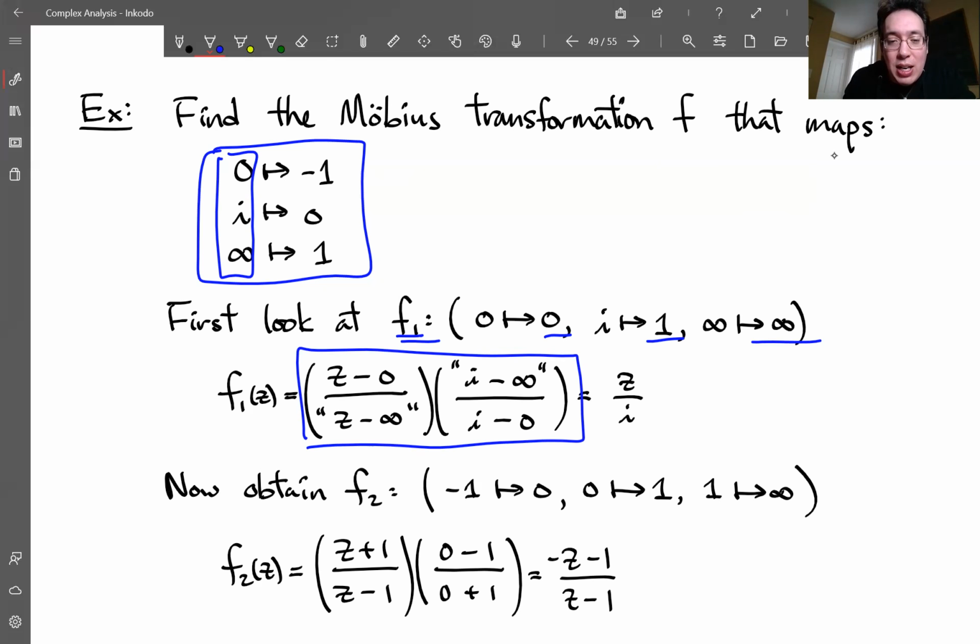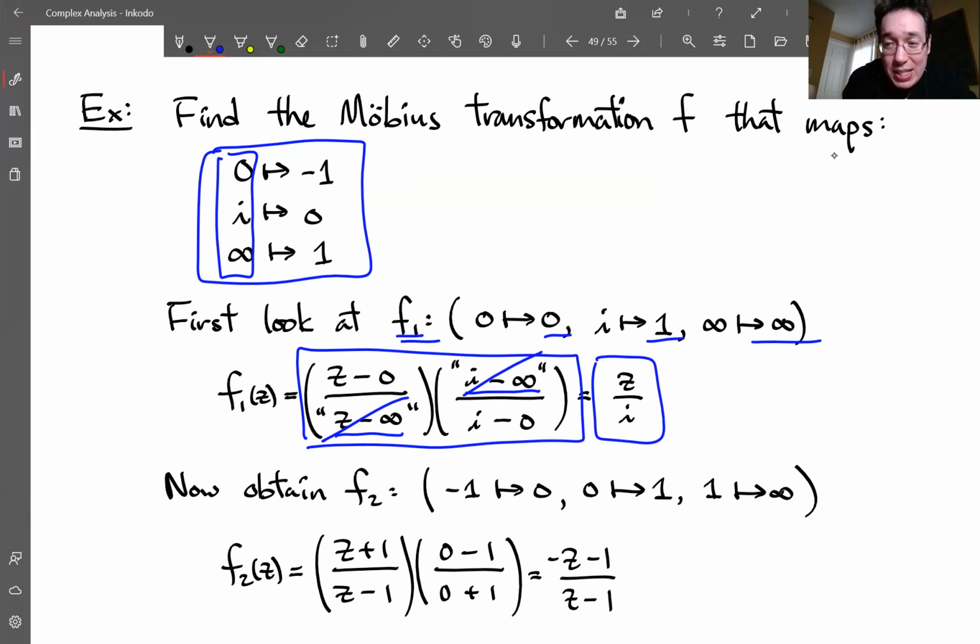Here, I'm putting in z minus infinity in quotes because infinity really isn't a number yet, right? But if we take the limit of this, so maybe (z - 0)(i - t) over (z - t)(i - 0), and let t go to infinity, then the limit is 1 here. So these cancel out, and we just have z over i.